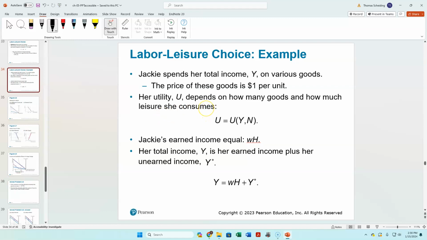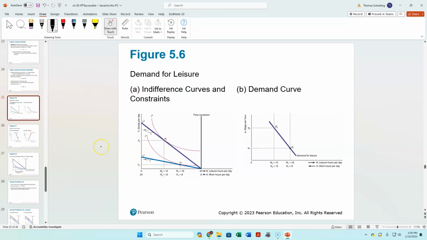So one way to read that would be me consuming leisure just like I would any normal good, except now I don't have to spend money to do it. But my demand for leisure, yes, I face a time constraint of 24 hours in a day.